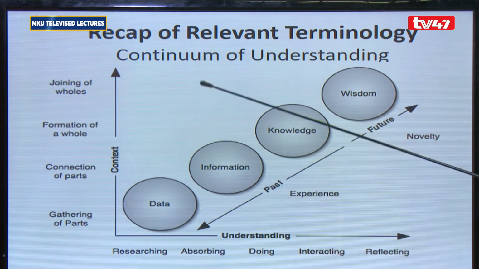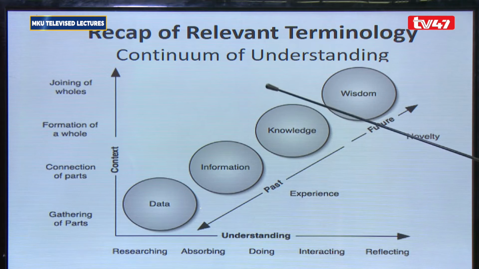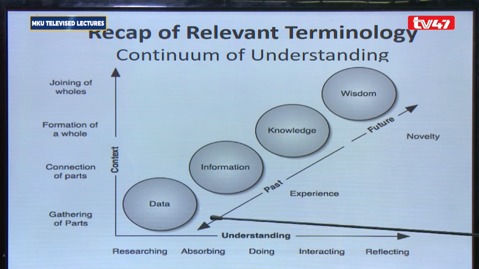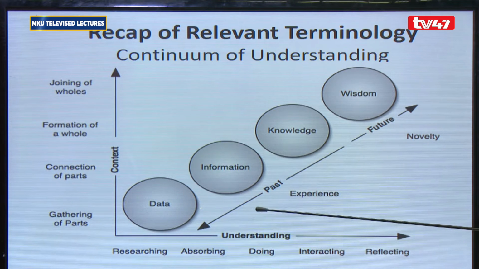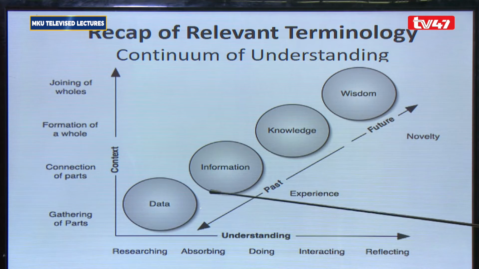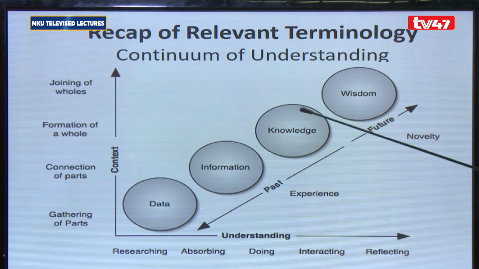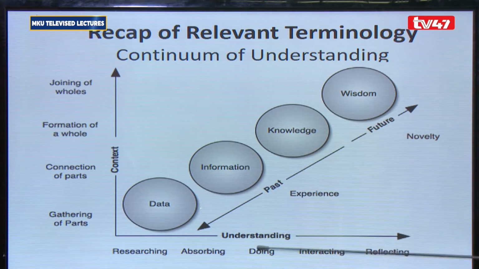When data is collected about events, that is called researching. Then as the data is collected and absorbed, it is processed and becomes information.